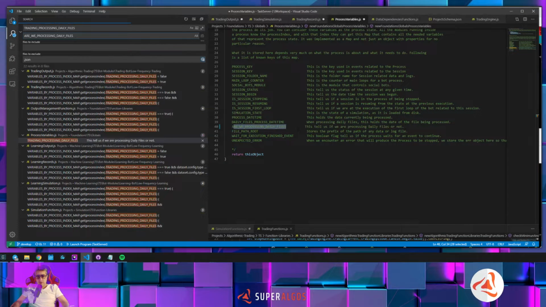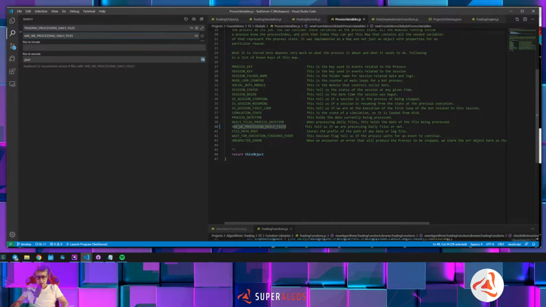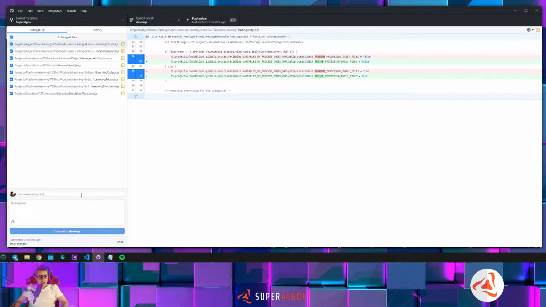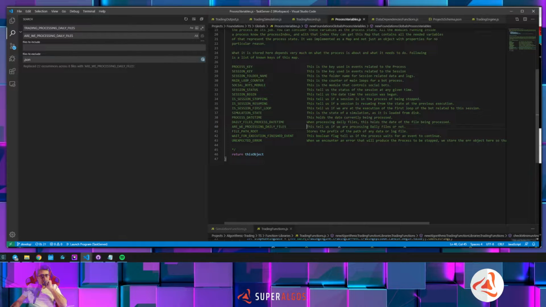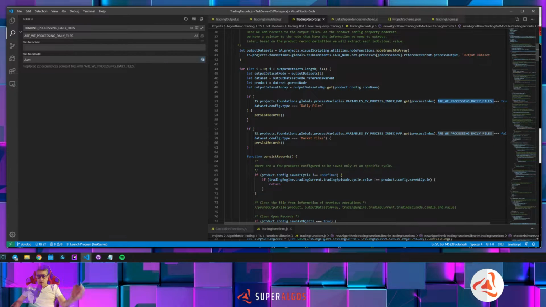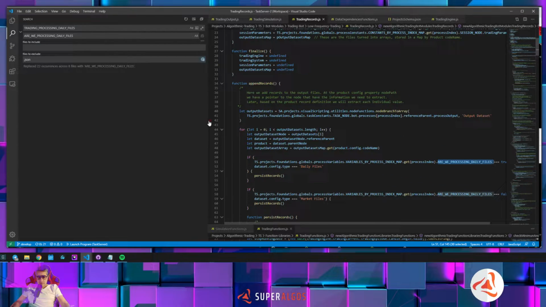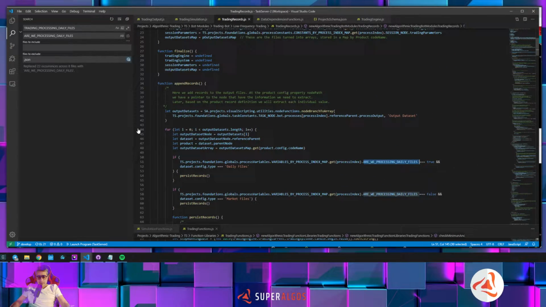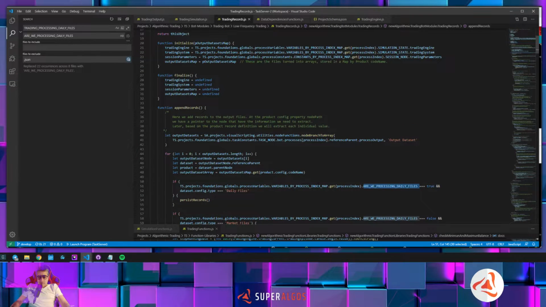Yes, everywhere we'll change this. Okay, so this is one change. Refactor.